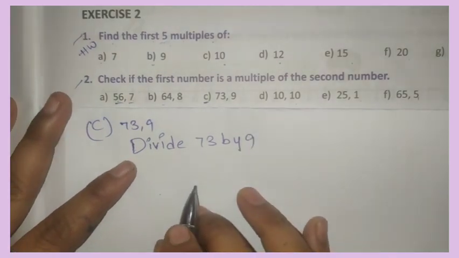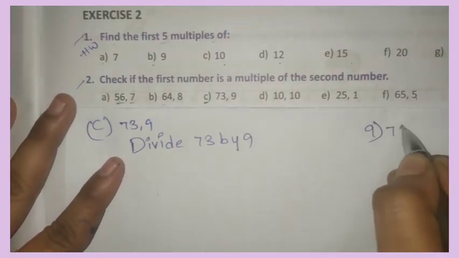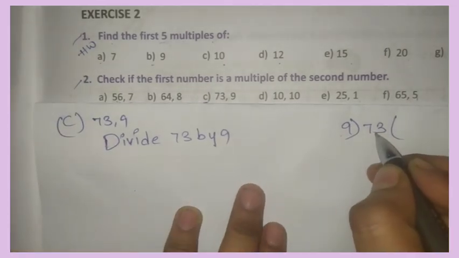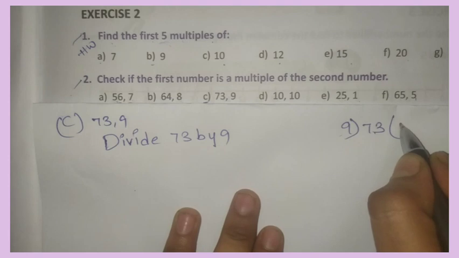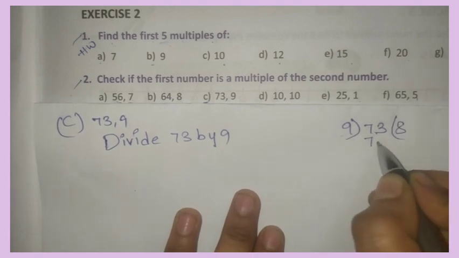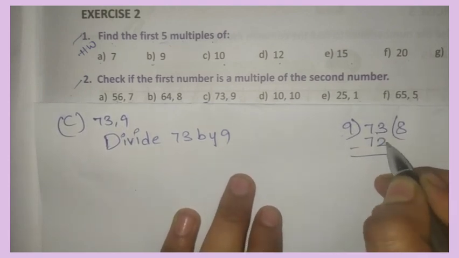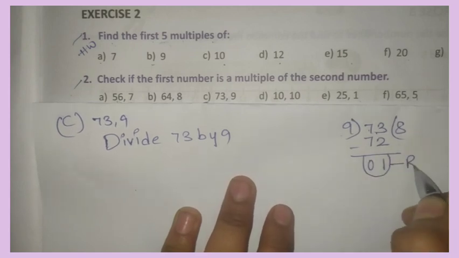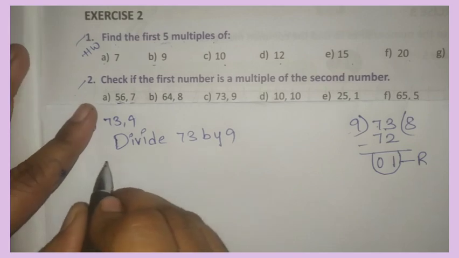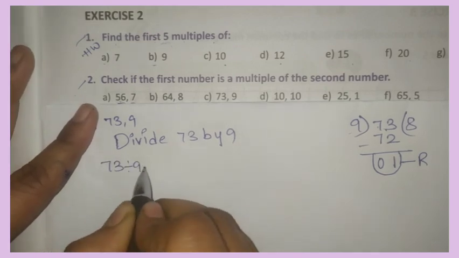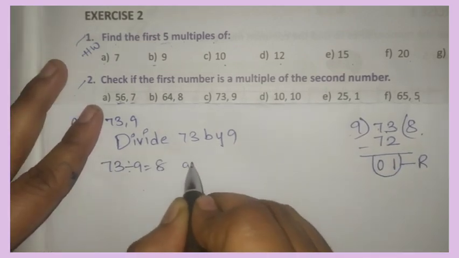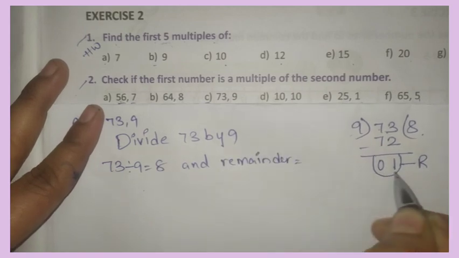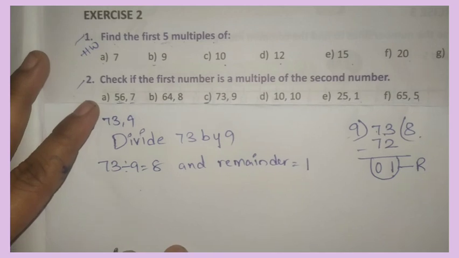In the 9 table, do we get 73? No. 9 8s are 72. 73 minus 72 is 1. So here we got remainder 1. 73 divided by 9 is equal to 8, and we get remainder 1.